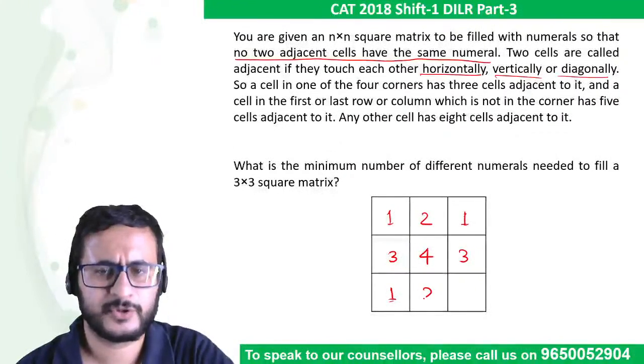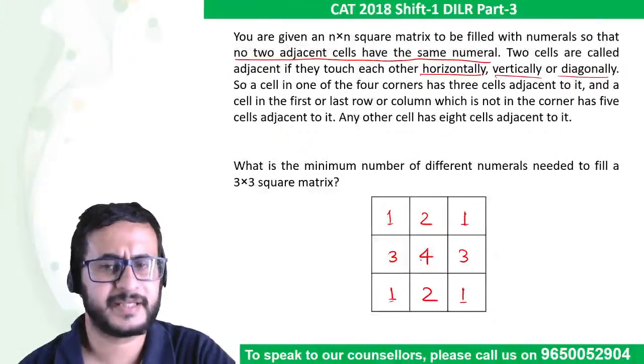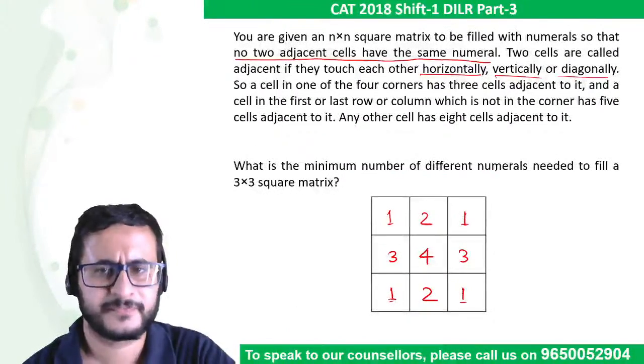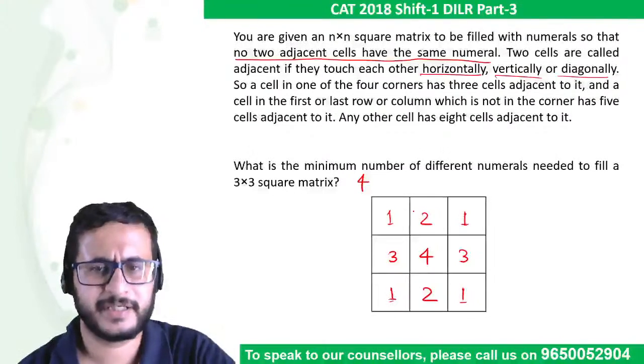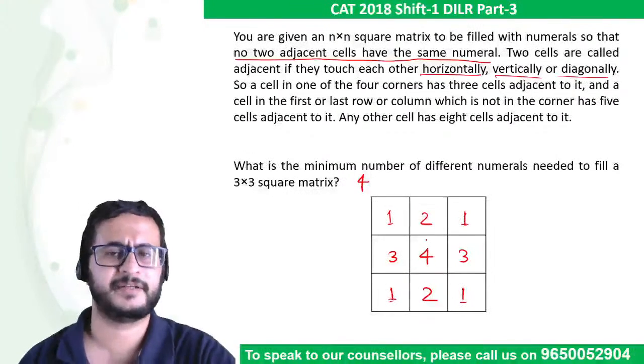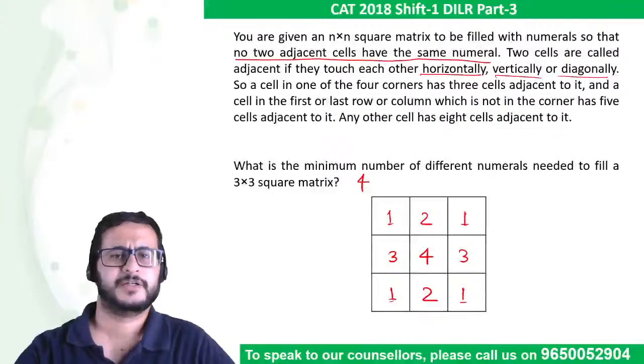I can put 2 here, since 2 is not adjacent to any of these numbers, and then I can again have 1 here. So I can use a minimum of 4 digits to fill this matrix. I do not need more than 4.